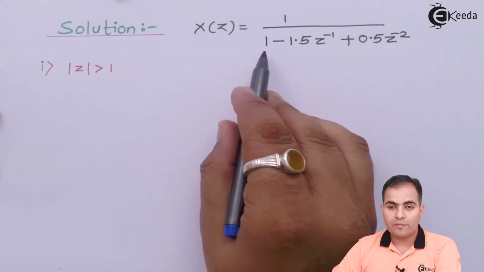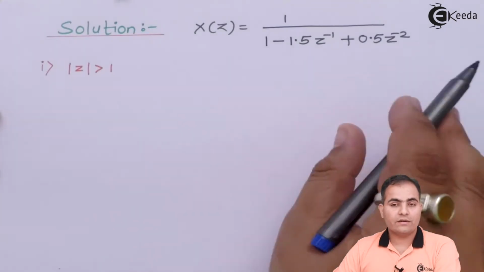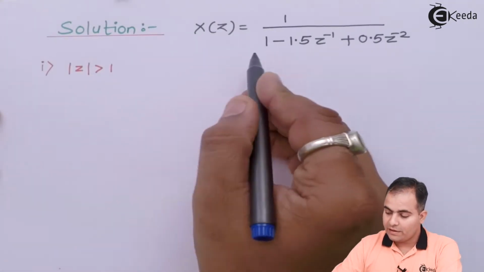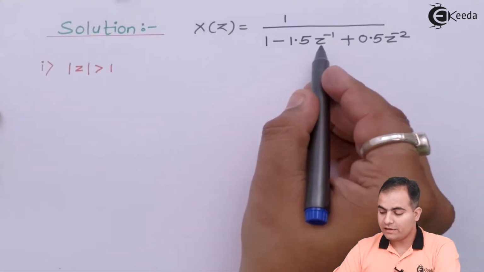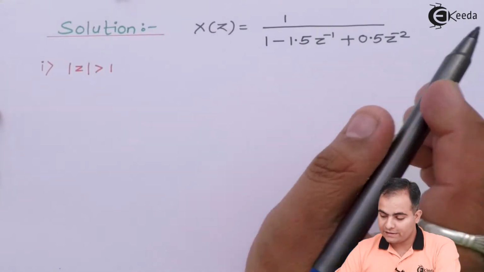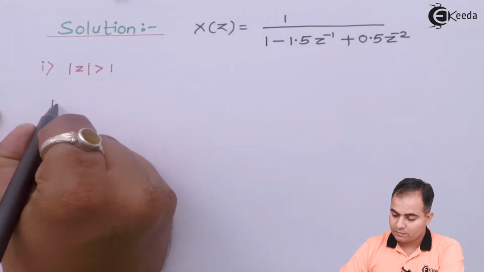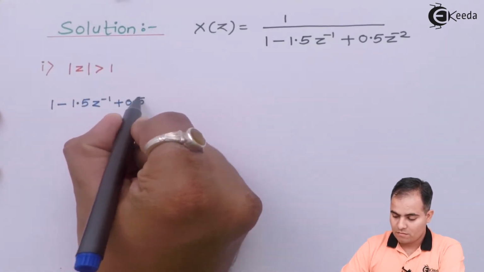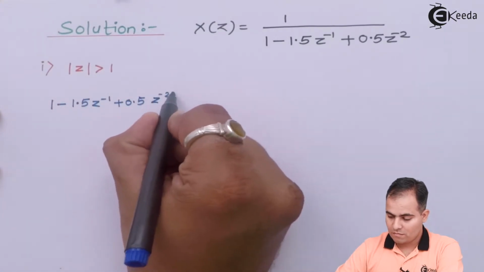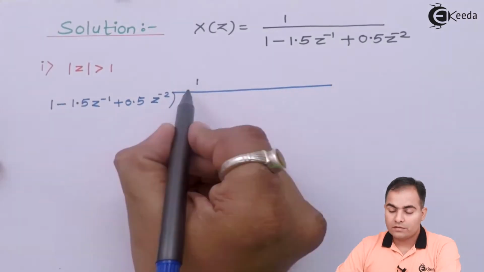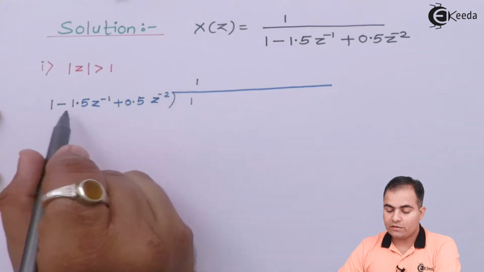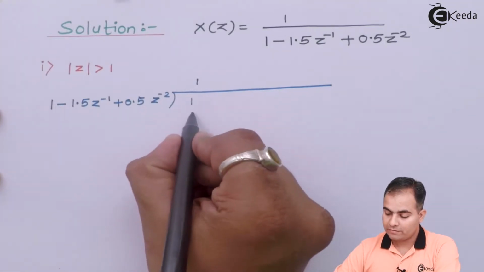So right now I am dividing numerator by decreasing order of z. So first of all, here the power of z is 0, then the power of z goes on decreasing. So we'll multiply it by 1 so that you will get 1. So just multiply this one with the whole divisor part, what you will get.